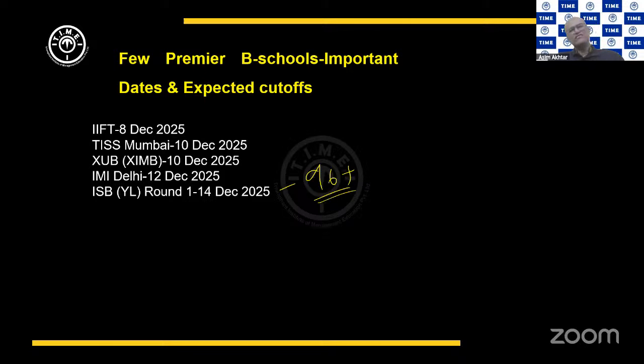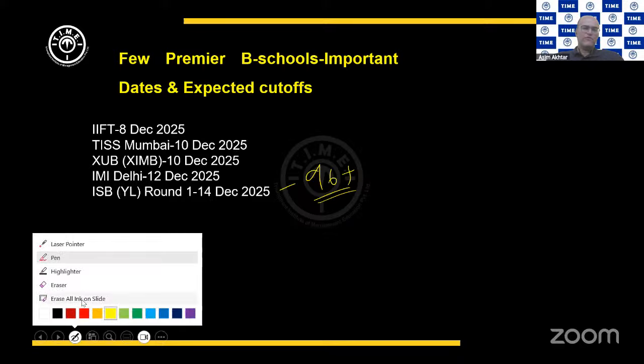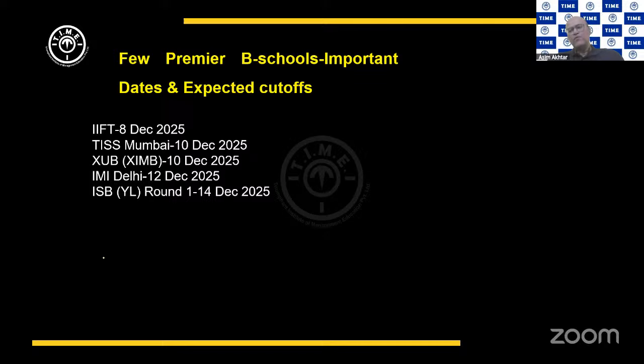But if your profile is very weak, if your percentage of marks are very low, then probably you can skip ISB. But if your profile is good, it need not be extraordinarily good. Even if it is a good kind of profile, and if you're expecting around 96 percentile in CAT, please go ahead and do apply to ISB. If you want to apply in round one, then 14th December would be the deadline.